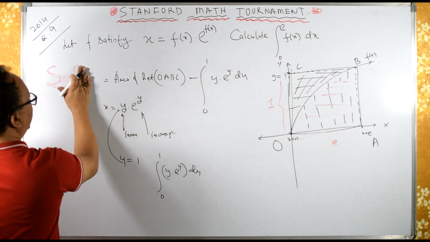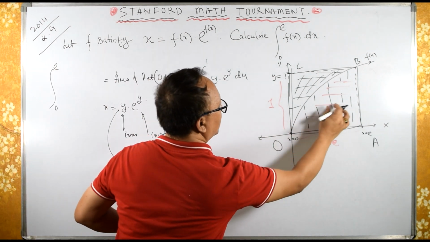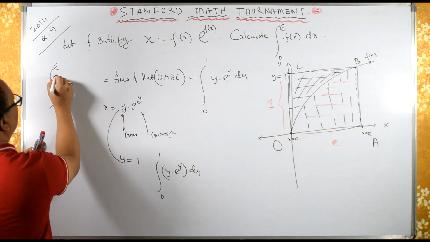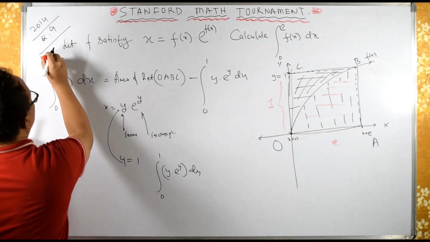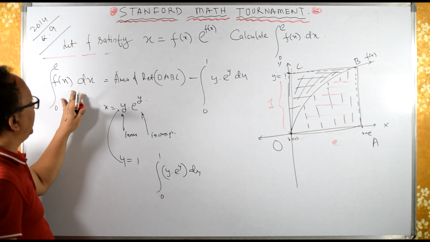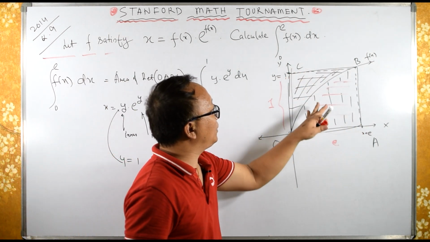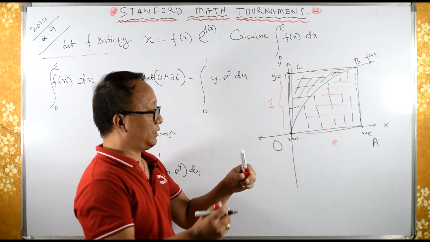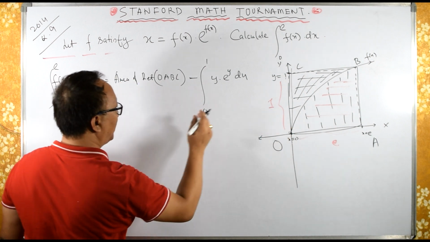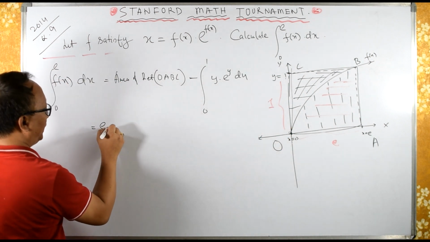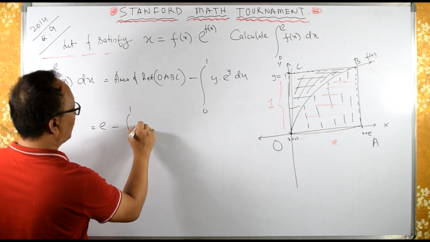This is the same as the integral from 0 to e of f of x dx, this area. So from the whole area you subtract this, you get this. The area of OABC is length into breadth, e into 1, which is e, minus the integral from 0 to 1 of y into e raised to y dy.